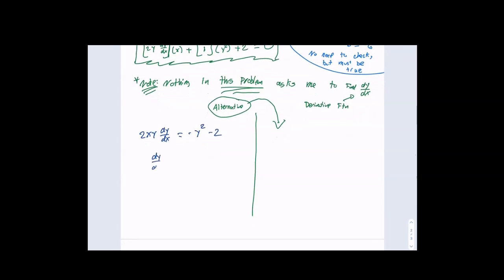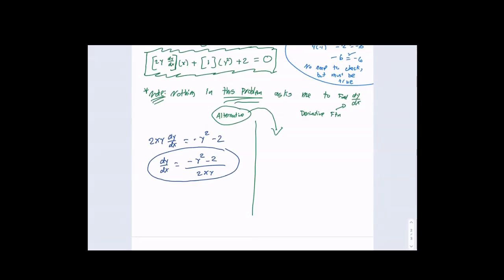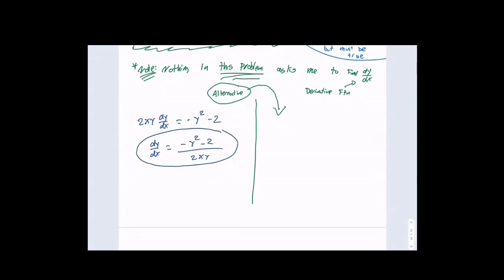Therefore, dy/dx is equal to (-y squared minus 2) all over 2xy. I'll circle that. That's just me finding that derivative, solving for dy/dx. Nothing different than what you did on last night's homework, or what we learned on Tuesday.